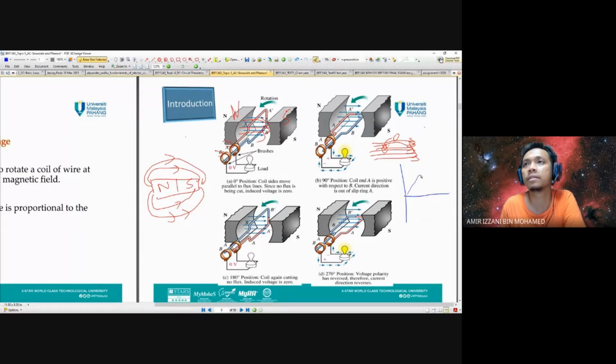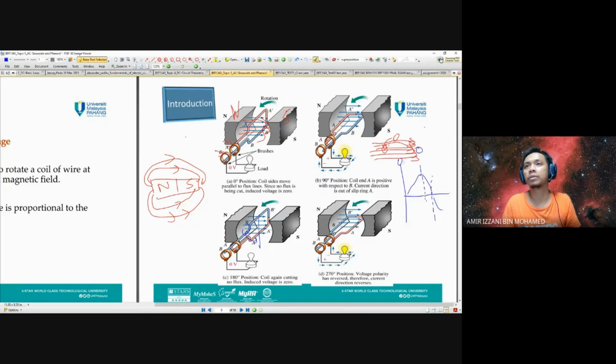When it moves down from 90 degrees to 180 degrees, the voltage will drop from maximum to 0. Then the conductor rotates another 90 degrees, and it will be at maximum value again when it reaches here.